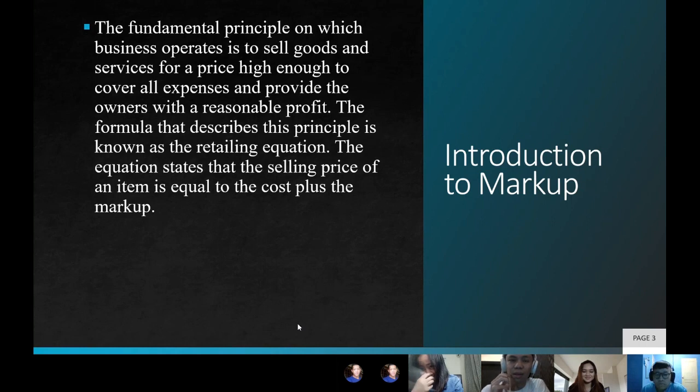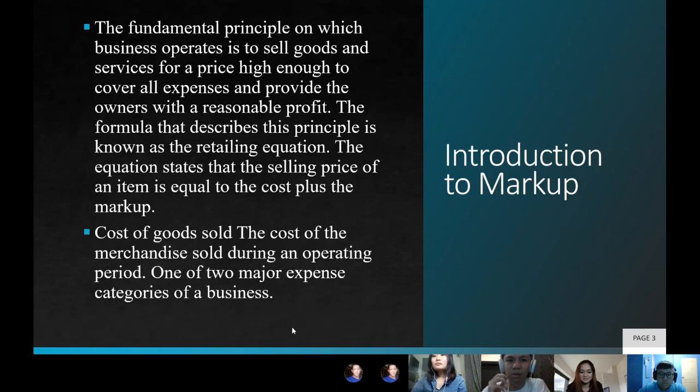The formula that describes this principle is known as the retailing equation. The equation states that the selling price equals the cost of goods sold, the cost of the merchandise sold during an operating period, which is one of two major expense categories of a business, plus the markup.